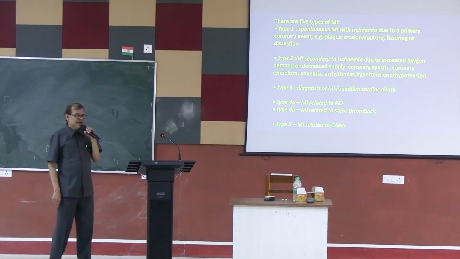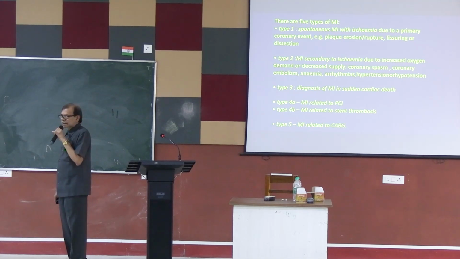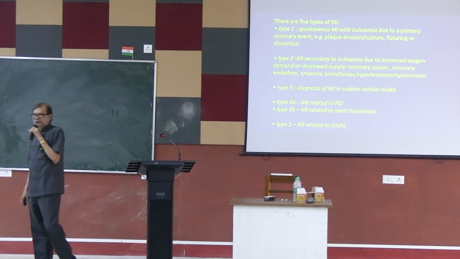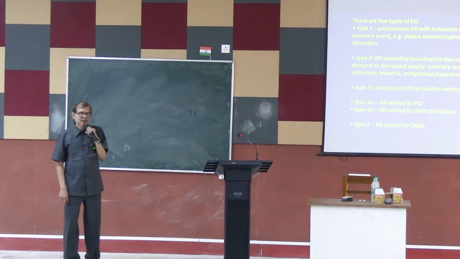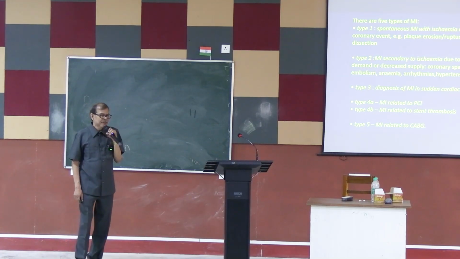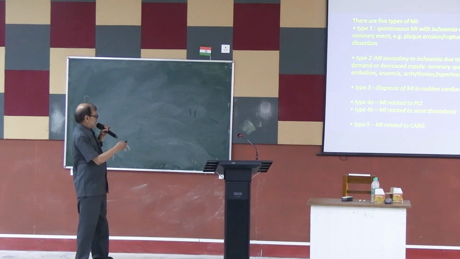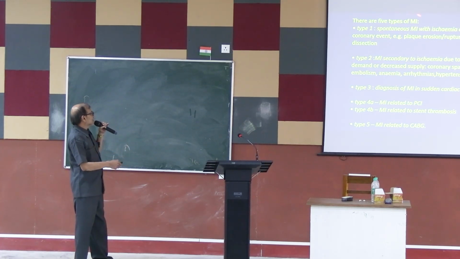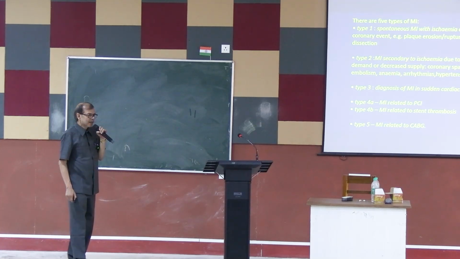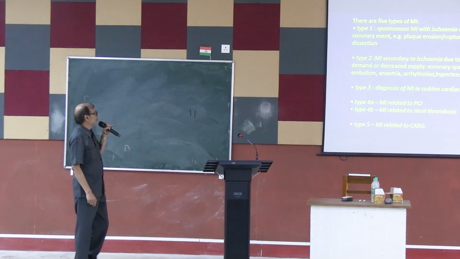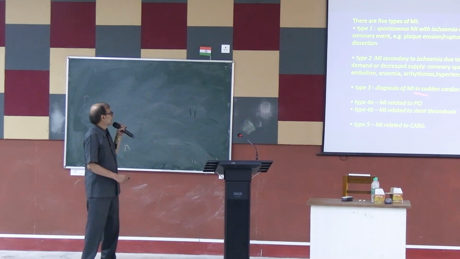Now, types of AMI. Myocardial infarction can be divided into 5 categories: type 1, type 2, type 3, 4A and 4B. Type 1 is spontaneous myocardial infarction with ischemia due to coronary event in the form of plaque erosion, rupture or thrombosis.